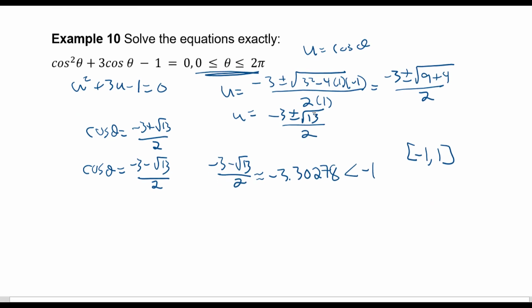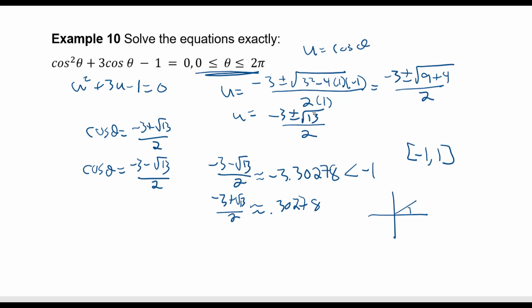Let's see. Maybe just check those values. Yeah, so this negative 3 plus the square root of 13, all over 2 is approximately 0.30278. So that'll work. So now that means we're in a first quadrant situation here.